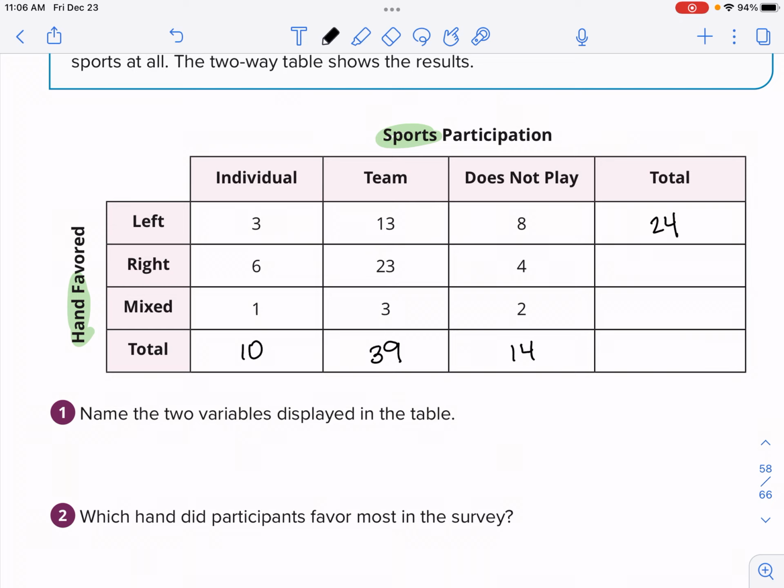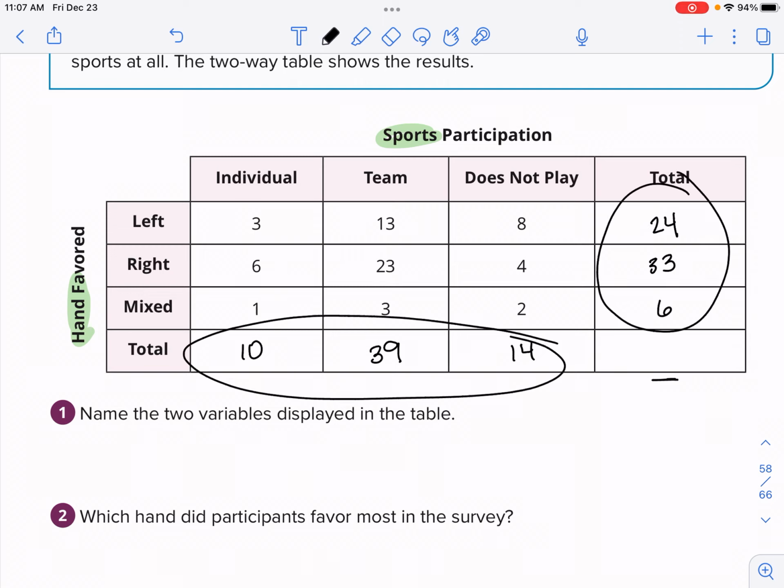Right-handed people, that's 33, so a lot of right-handed people. And people that are mixed, maybe they can play with either the left or right hand, that is 6. Now, the grand total you determine by either adding these values or adding these values. They should equal the same exact number, and in both cases it's going to be 63.